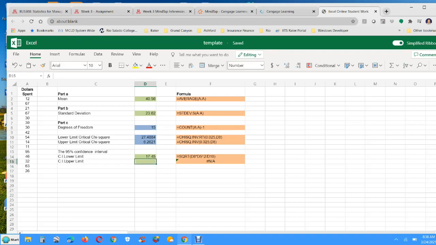And then on the upper limit, we'll do the same thing: equals the square root, the degrees of freedom, times the standard deviation squared, so the variance, divided by the upper limit, and close parentheses for the square root. So my lower and upper limits of the confidence interval: 17.45, 36.55.